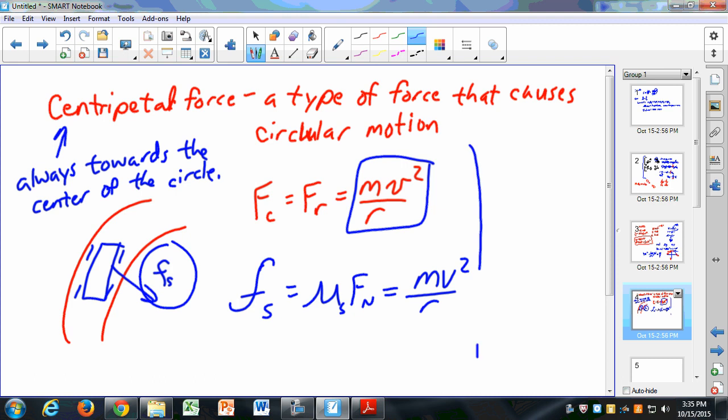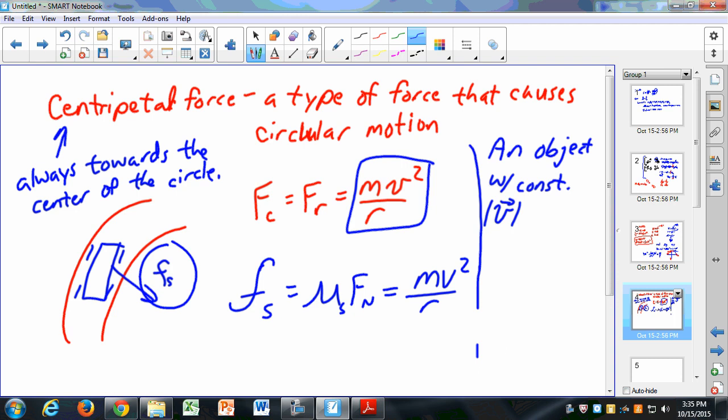Why do you need a centripetal force? An object with constant velocity magnitude, that's what this means. The vector with the absolute value bars means the magnitude.